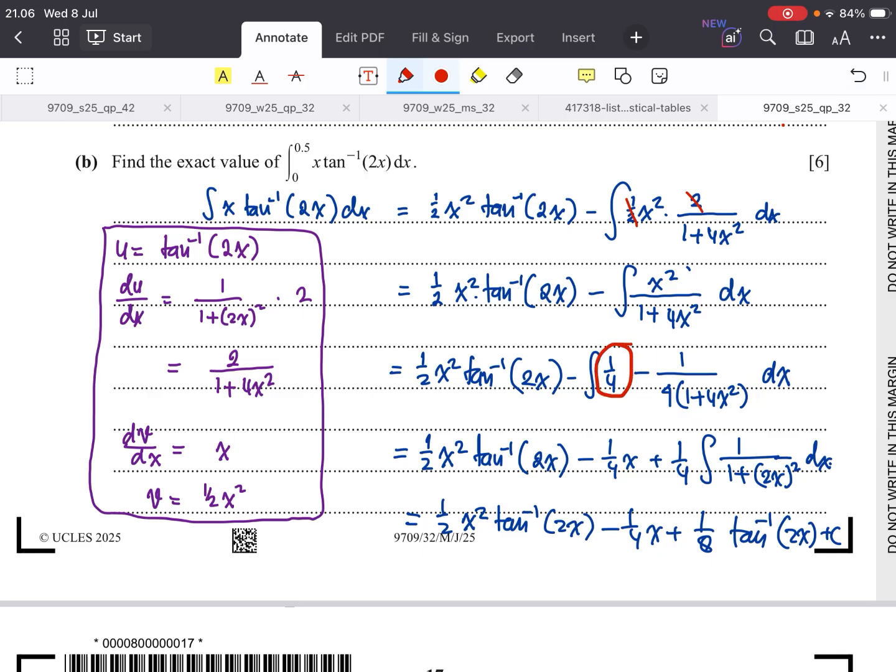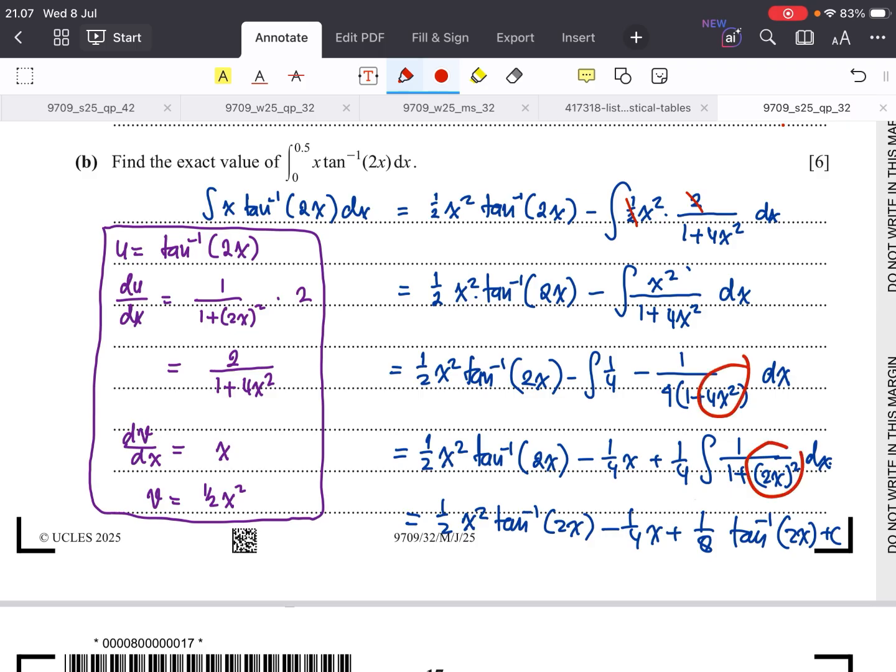Integral of 1/4 is 1/4 x. Since we have minus here, it will be minus 1/4 x. And then minus negative times negative is positive, so this one plus. I pull out the 1/4 from the integration. It's okay to make it easier. And then this one, actually here is 4x squared. I rewrite it again into parenthesis 2x squared.